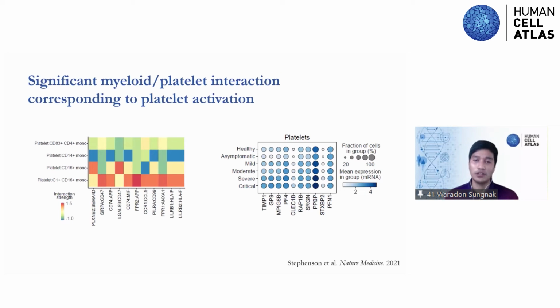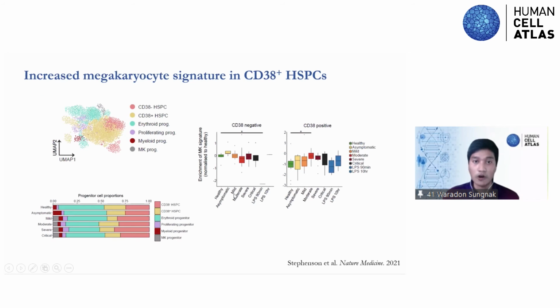We also found interesting phenotypes related to platelets. So first we found significant platelet-myeloid interaction corresponding to elevated platelet activation signatures in COVID-19 donors. We also found an increased megakaryocyte signature in the hematopoietic stem and progenitor cells.